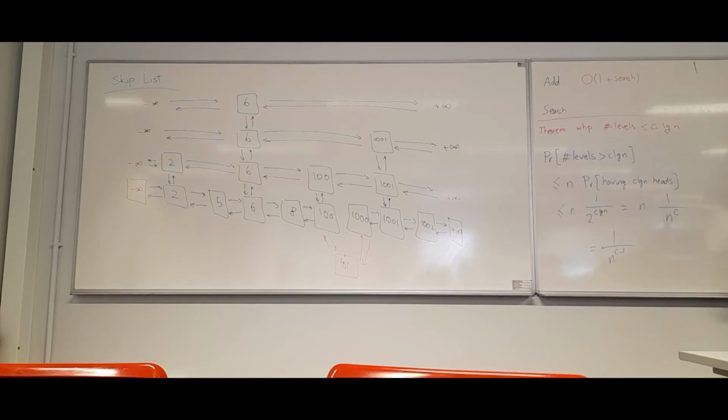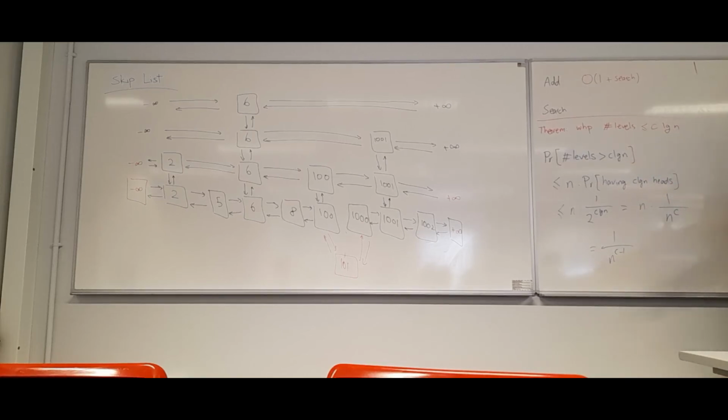So now we can choose whatever value we want for c. Let's say that I want my number of levels to go up to 10 log n. I just set c to be 10, and I say that the probability that I would ever have more than 10 log n levels is at most 1 over n to the power of 9. And that tends to 0 really fast when the number of elements n is growing, right?